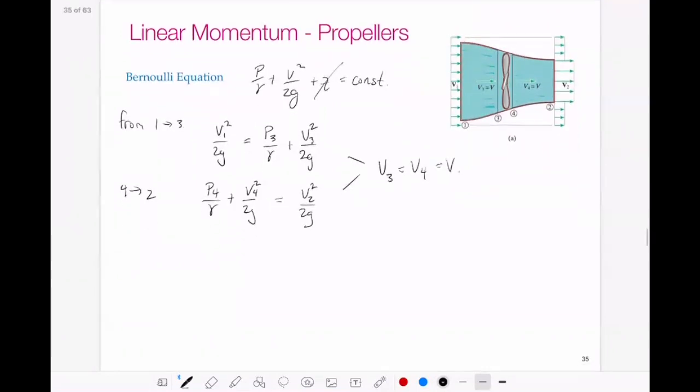And if we rearrange and we solve, we can get the relationship P4 minus P3 is equal to 1/2 rho (V2 squared minus V1 squared).